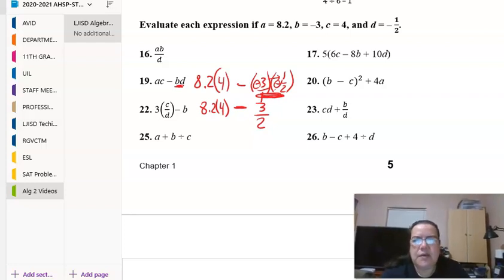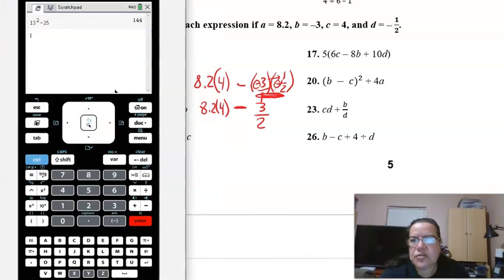Now at this point, if you don't have a TI calculator, that's fine. You can just use a regular calculator for this, but I'm going to go ahead and use the TI. So 8.2 times, now there's 2 different ways you could do multiply. It'll put a little dot times 4.